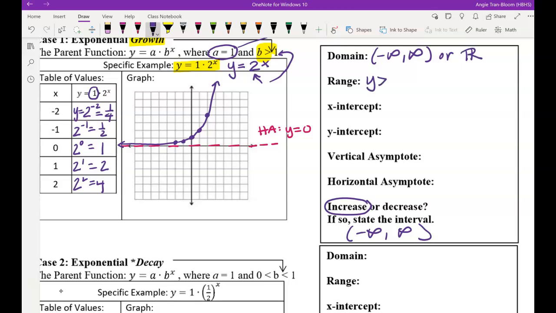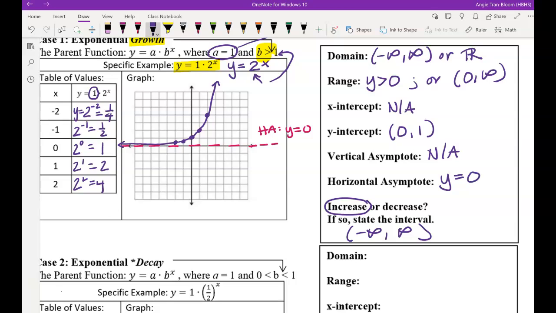Your range is y bigger than 0, and sometimes we write it like this, 0 to infinity. We don't have an x-intercept here, as you can see, it never touches the x-axis since there's an asymptote there. Your y-intercept is (0, 1). We don't have a vertical asymptote, but we do have a horizontal asymptote at y equals 0.